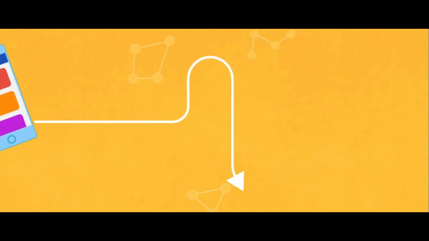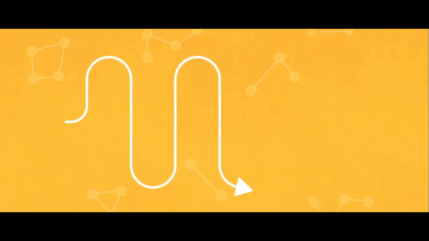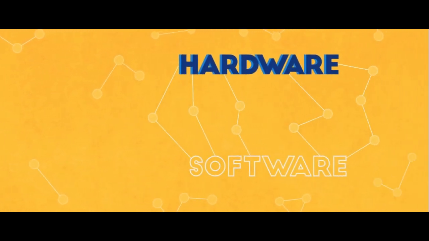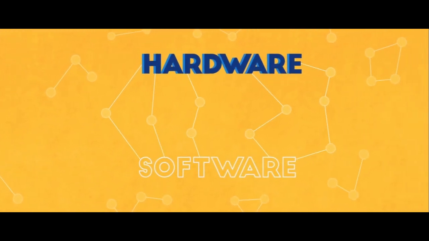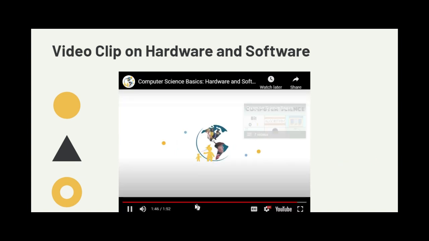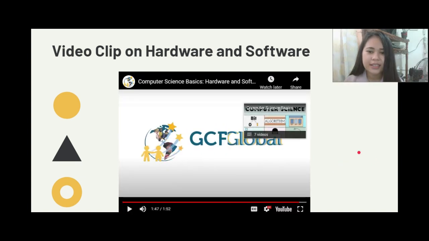Technology will continue to evolve, and though we may not be sure of how things will look in, say, 100 years, this combination of hardware and software will be there, serving as its foundation. GCF Global.